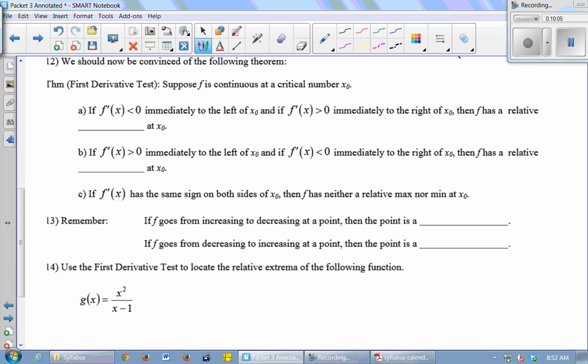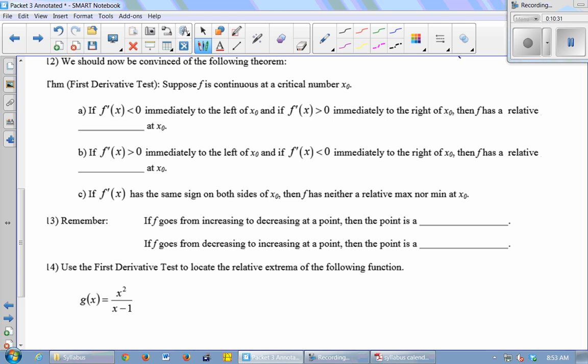And it says if f prime is negative just to the left of x naught, and f prime is positive just to the right of x naught, then f has a relative what at x naught? Min. Yeah, right? Because we know that f prime negative means f is what?